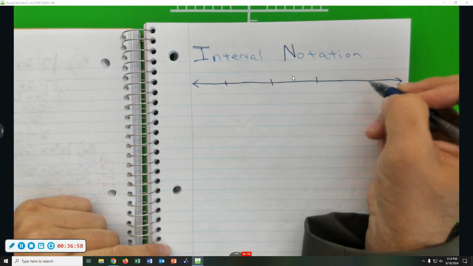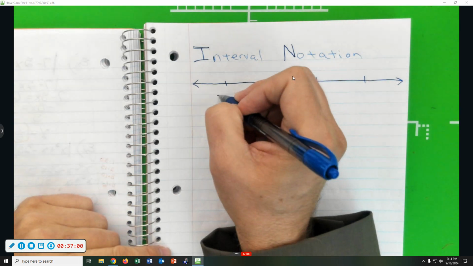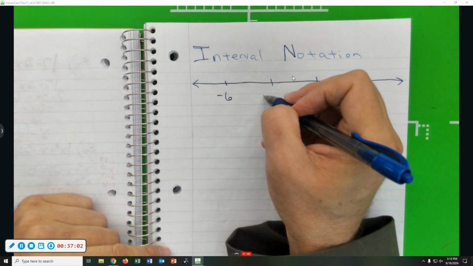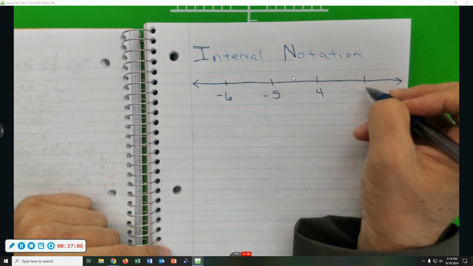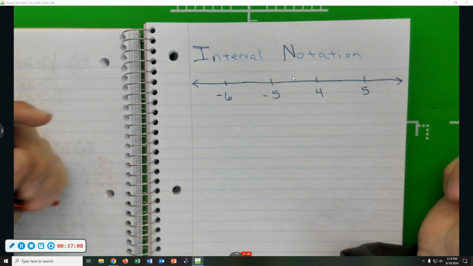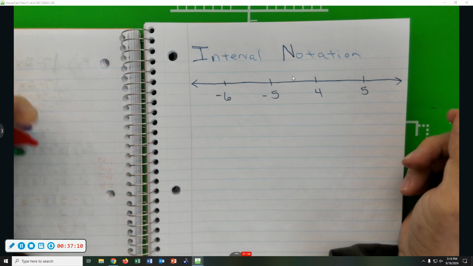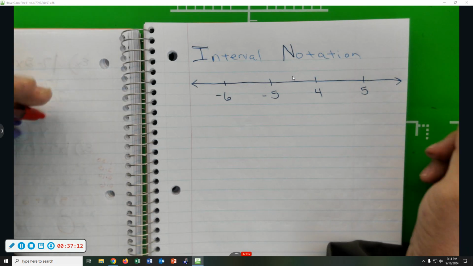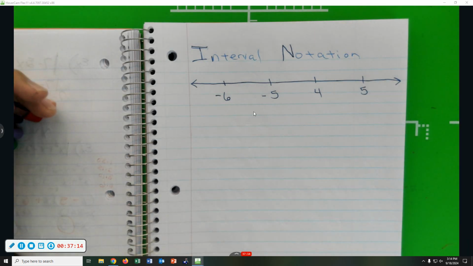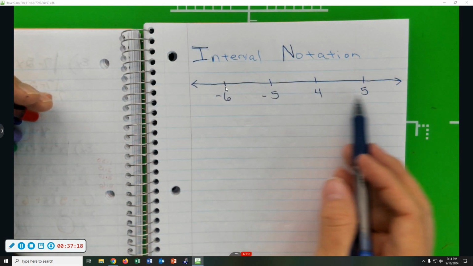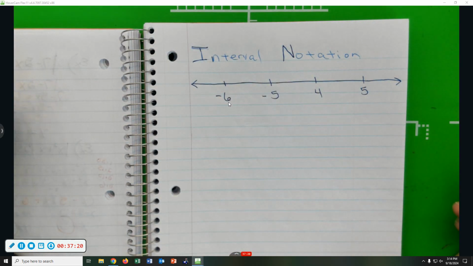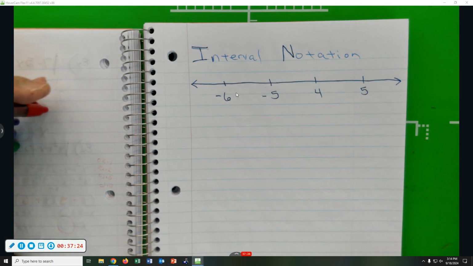Suppose we use those same numbers: negative 6, negative 5, 4, 5. I'm going to put these numbers that I've labeled here on this number line, for lack of anything better, I'm going to call them cut points.